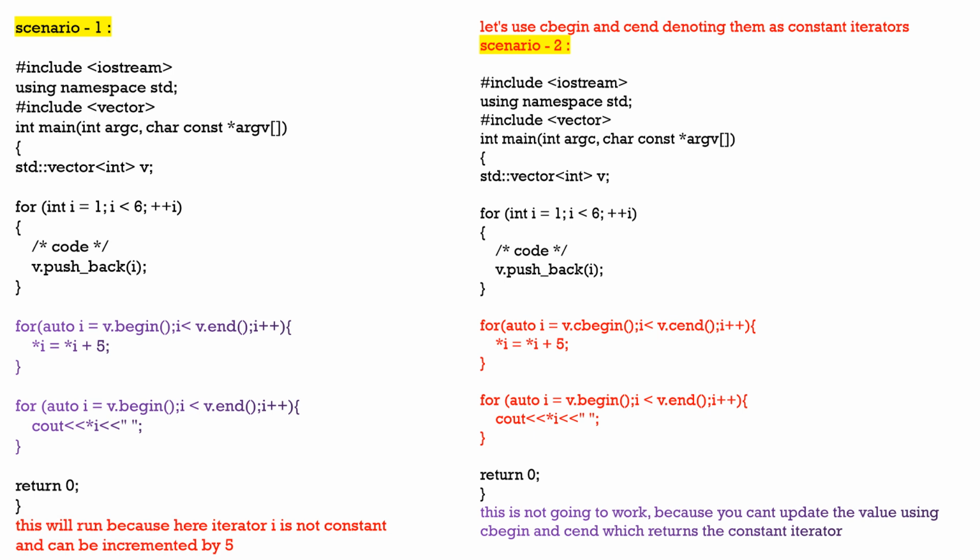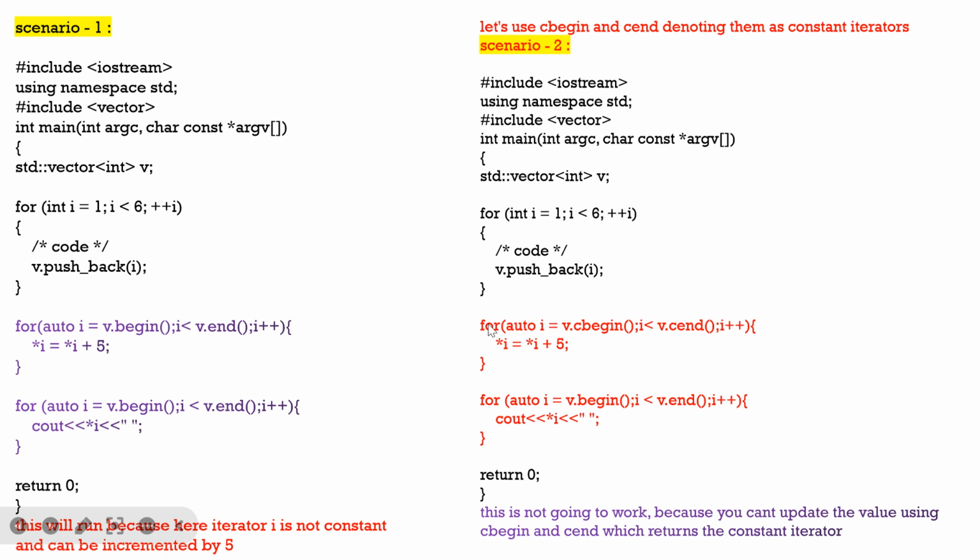When you declare auto i = v.cbegin() and i less than v.cend(), it means it's an iterator that promises not to modify the elements it points to. This makes sense because cbegin and cend return constant iterators, indicating that the elements they point to should not be modified.